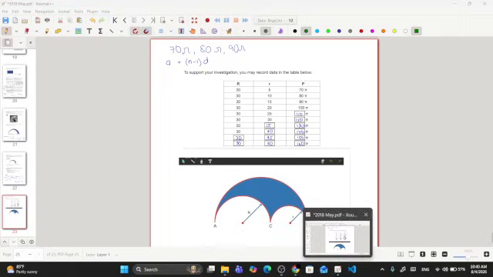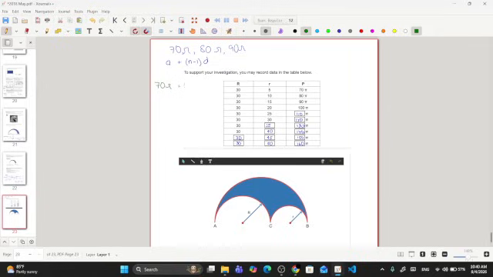If you're solving it that way, the first term is 70 pi, and the difference is 10 pi. So we have 70 pi plus 10 pi n minus 10 pi, which is 10 pi n plus 70 pi minus 10 pi. This gives us 60 pi.